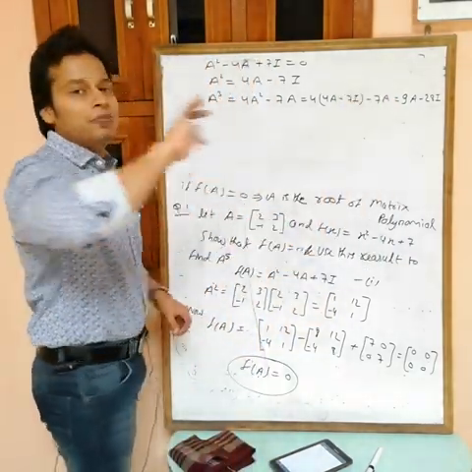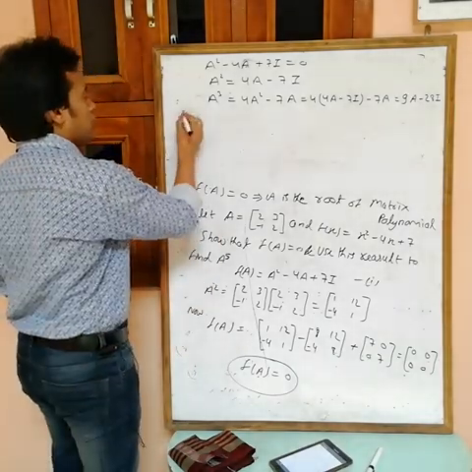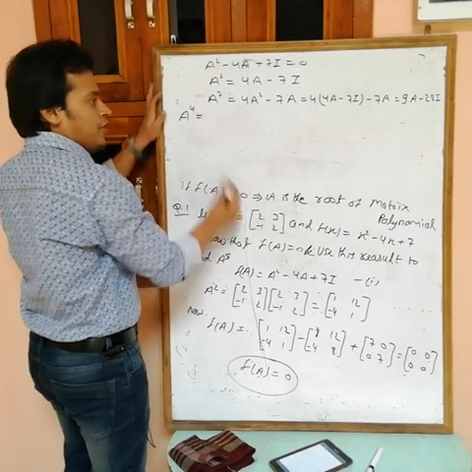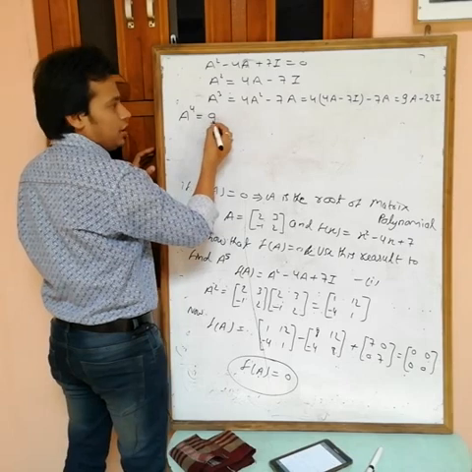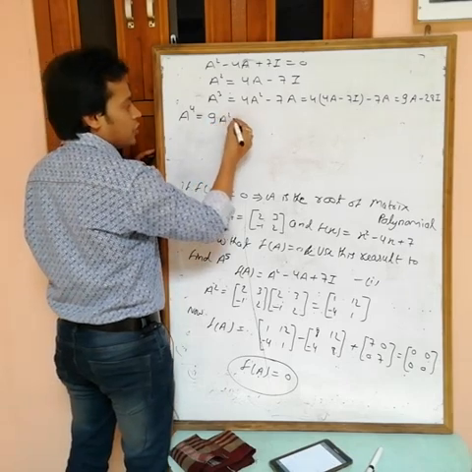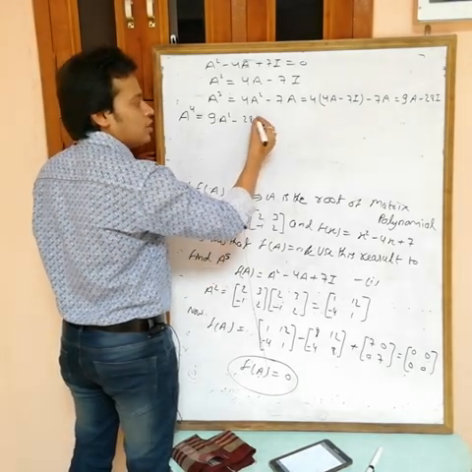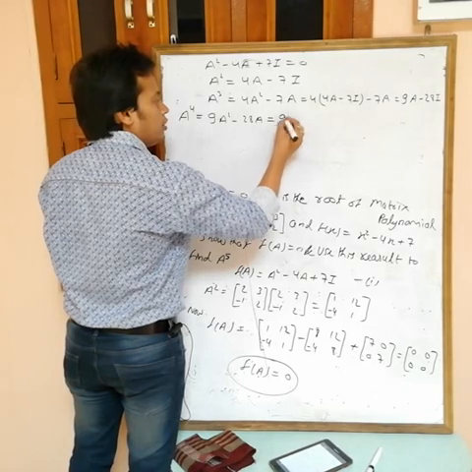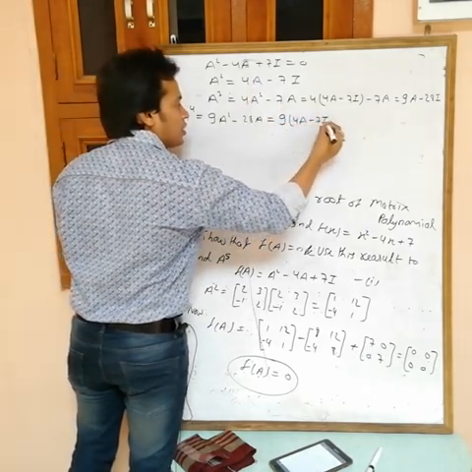Now again multiply with A, then you will get A to the power 4. Multiplying A with A cubed: 9A squared minus 28A into I, which becomes A. Now again put the value of A squared: 9 into (4A minus 7I).